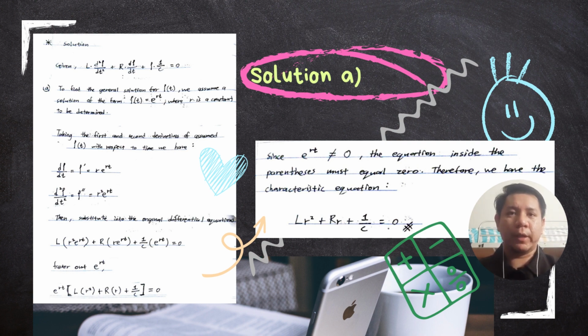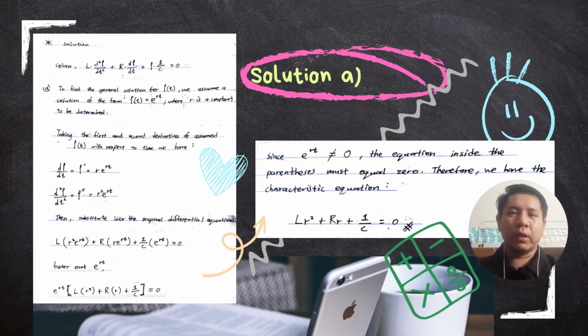Taking the first and second derivative with respect to time, we have dI/dt, which we can call I prime, equals r e^(rt), and d square I over dt square, which we can call I double prime, equals r square e^(rt).